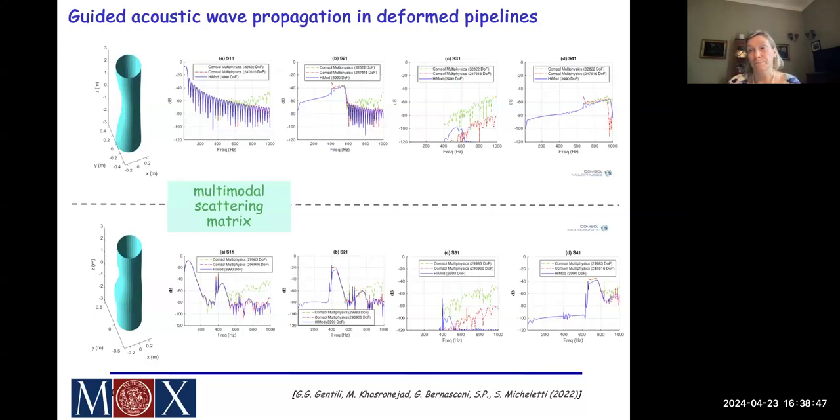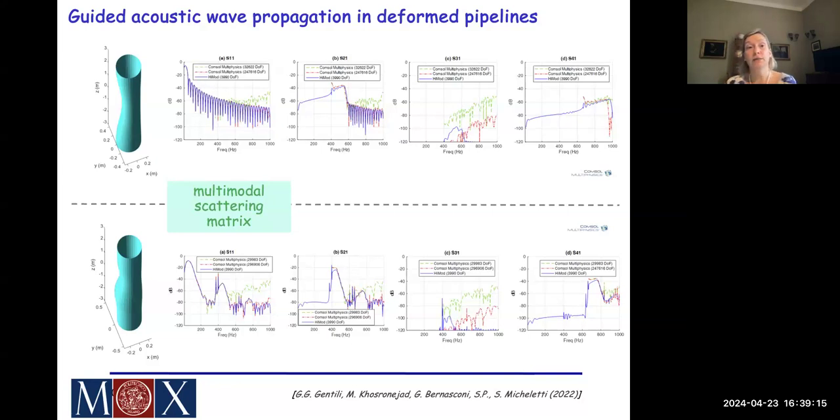So essentially, to evaluate the reliability of the proposed approach, we have considered the so-called scattering matrix. Indeed, this matrix models the set of all the scattered modal waves induced by all the possible incident modal waves when applied once at a time.